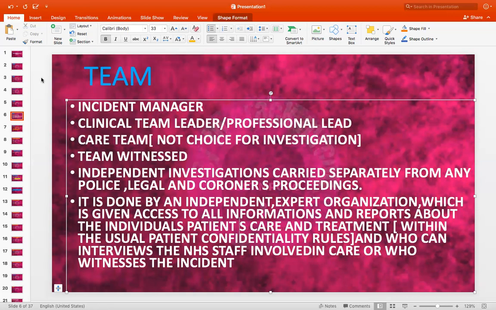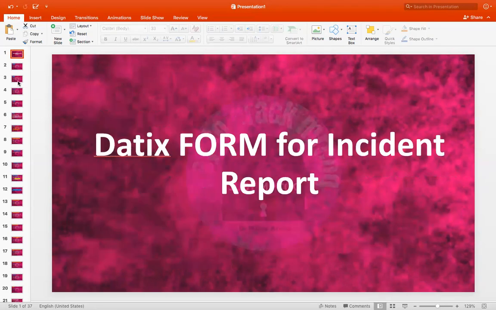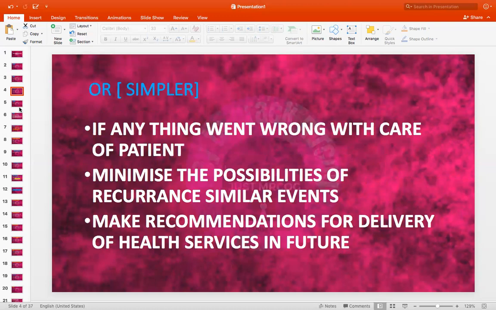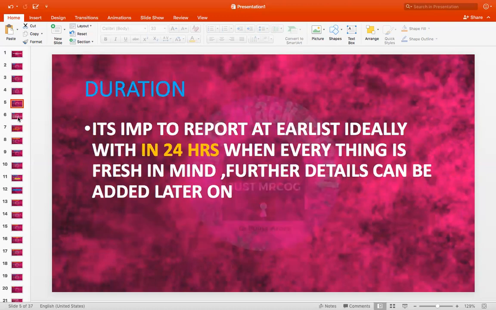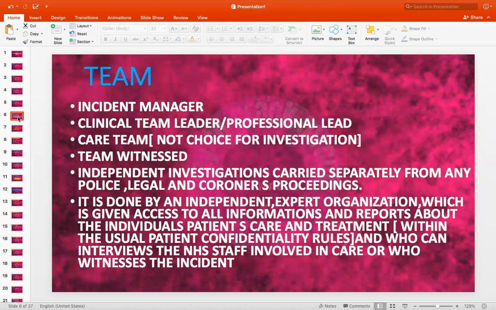So we always address the patient as patient X, and the care team as staff A or staff B, this way, within the usual patient confidentiality rules. They can interview the NHS staff involved in the care and who witnessed the incident. So this is the team who investigate any Datix form or incident report.